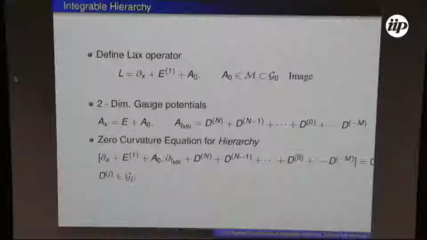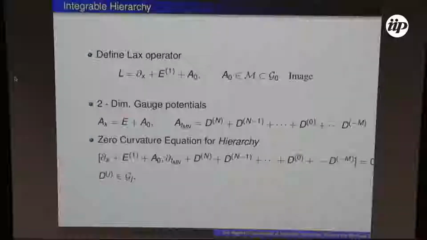If you are a physicist, instead of a Lax operator, you may feel more comfortable defining a two-dimensional gauge potential, AX and AT. AX is essentially the Lax operator, and AT is a sum of terms which start in grade capital N and end in grade minus capital M. So you have a sum of graded terms, unknown.